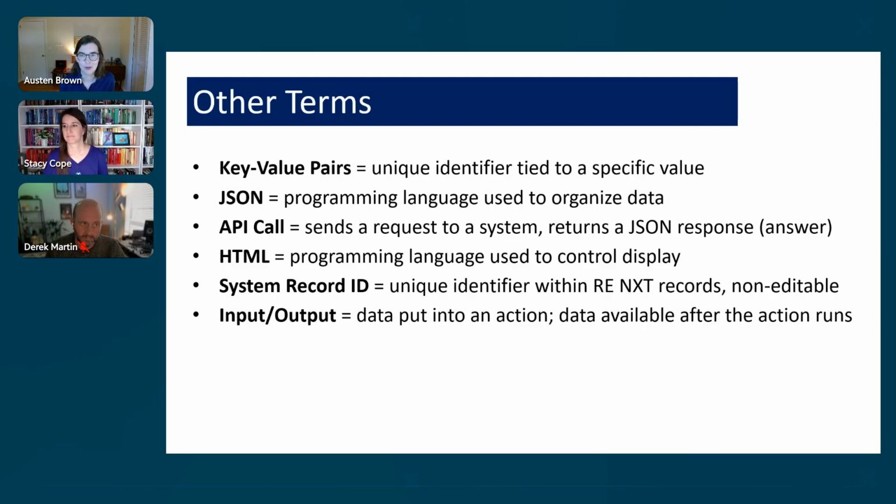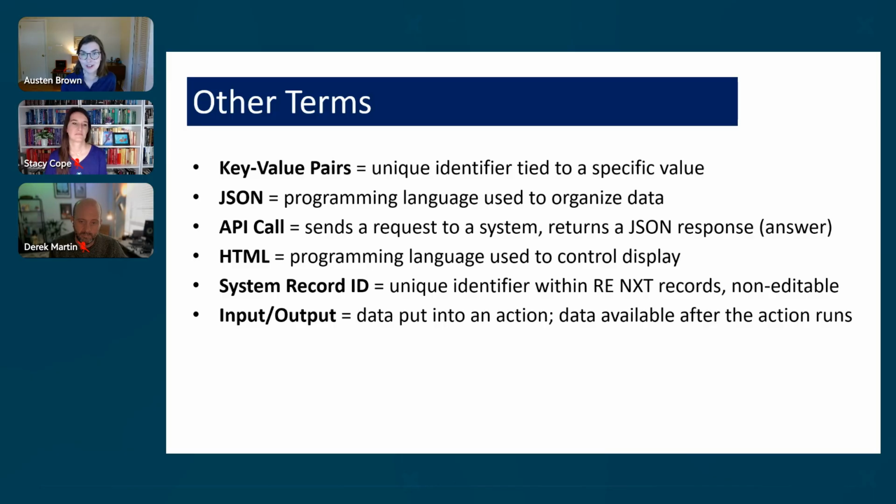JSON is a programming language, often returned from API calls. HTML tells an email how you want data to be displayed. Really important to us today is the system record ID, the unique identifier on Razor's Edge records. This is what Power Automate uses to locate records and find data for you.